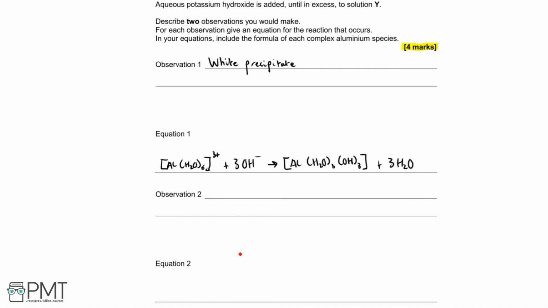So we'll go even further from a neutral species to a negatively charged species. And this actually enables the aluminium species to become soluble once more as it's regained charge, so it's able to actually interact with the polar water molecules. And what this will do is that it causes the white precipitate that just formed to redissolve in our solution.